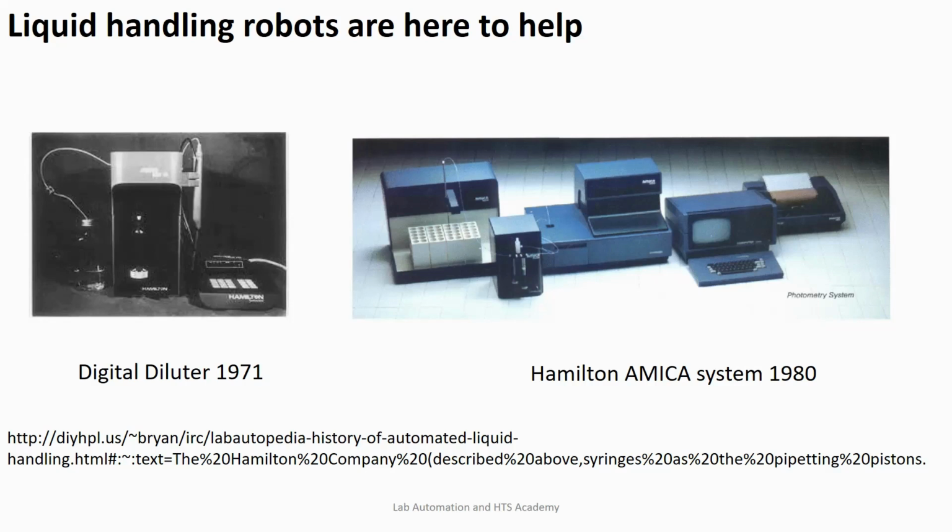After that, they continued growing and making new products. They collaborated with another company called Tecan, and they commercialized the Hamilton Microlab system in 1980. And that was at the time a revolution.